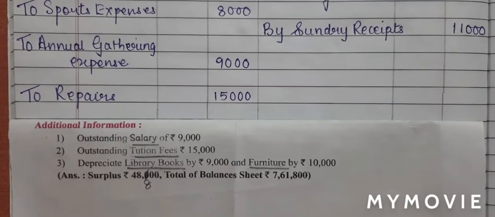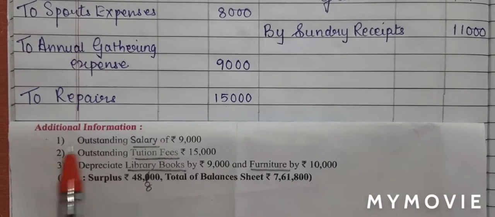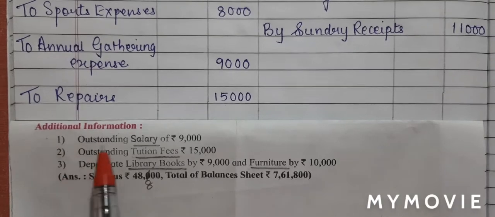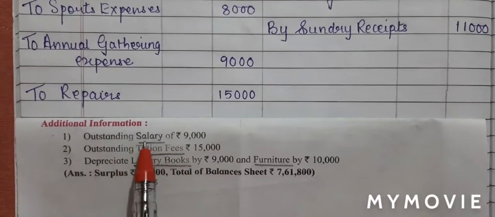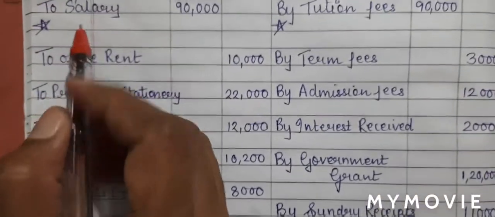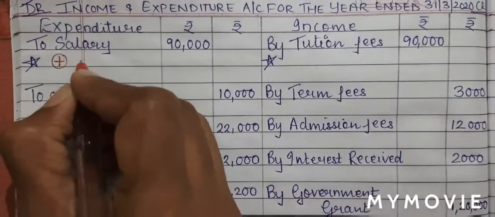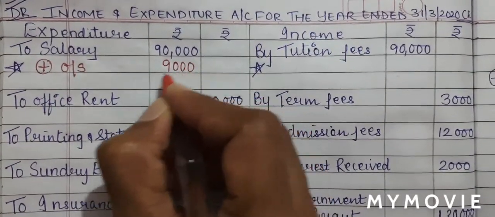But students, remember, adjustments always have two effects. So let's begin with the first adjustment. Outstanding salary of rupees 9,000. So I will have to add it to the salary. On the expenditure side, I will write add outstanding 9,000 rupees.